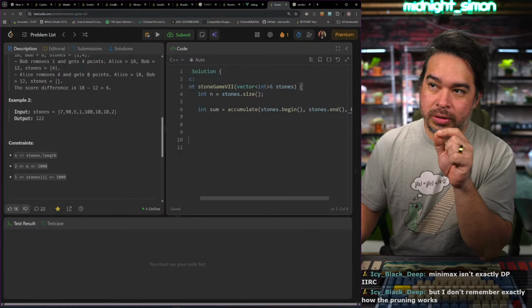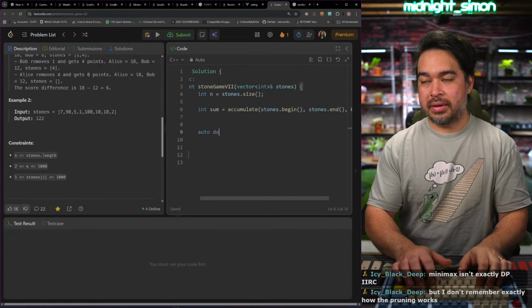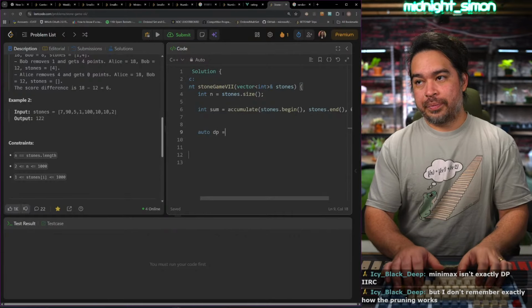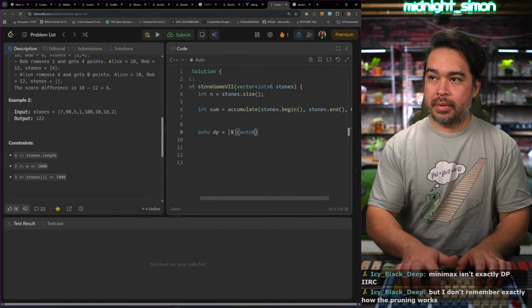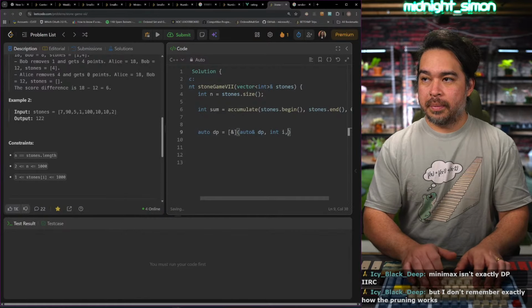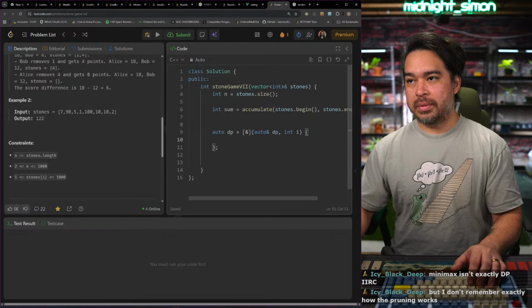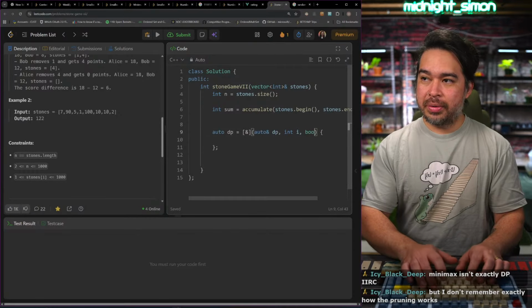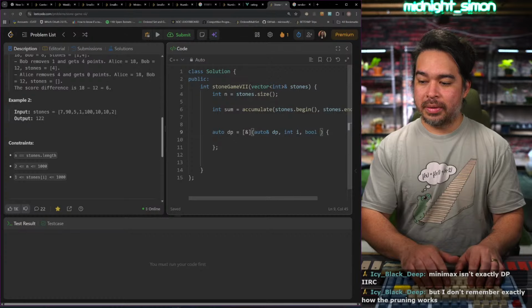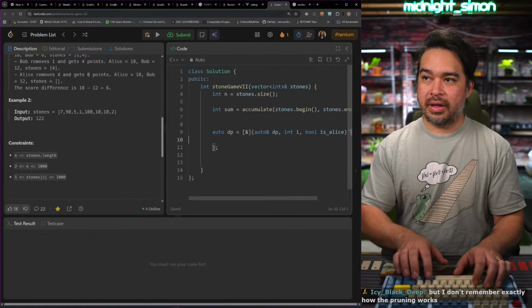So that's the total, and then basically I try left or right. So let me make this... Do I need to remember whose turn? I don't even know if I do.